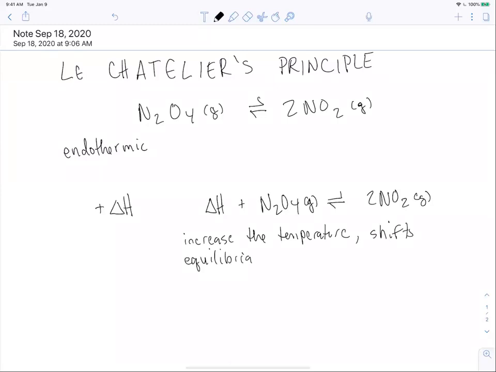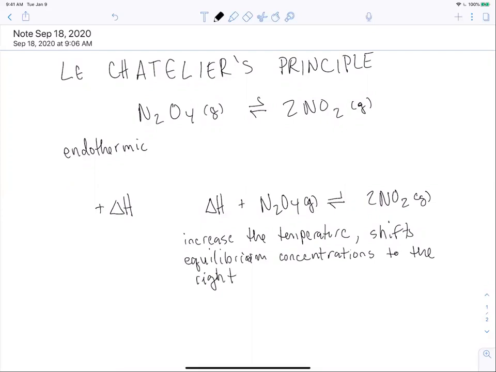It shifts the equilibrium concentrations to the right.